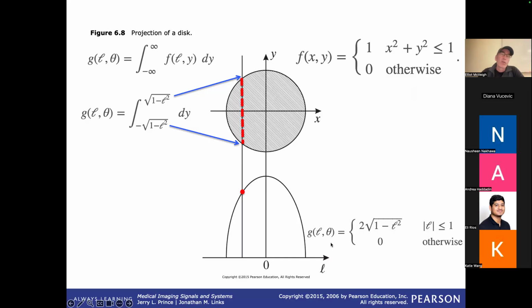When you think about it, you say, oh okay, now for CT of a disk, I know precisely what the actual ground truth data is for that projection. And this is true for lots of shapes.